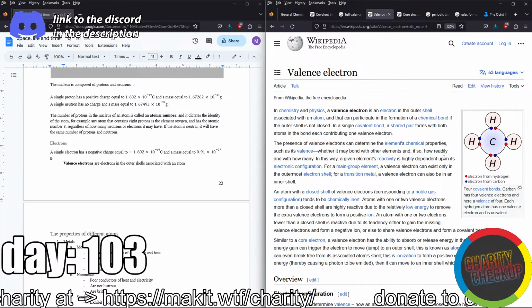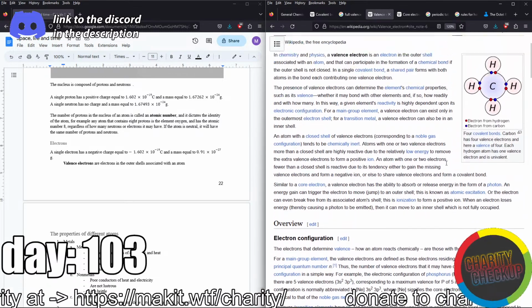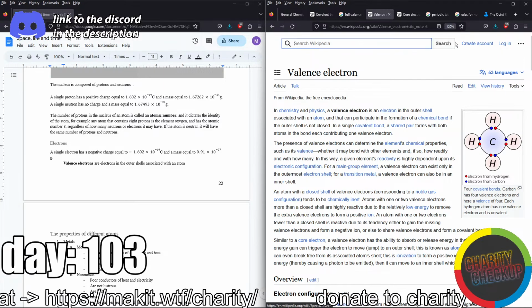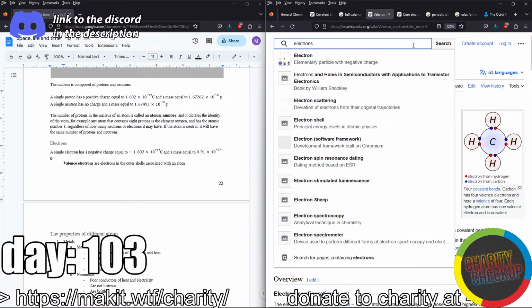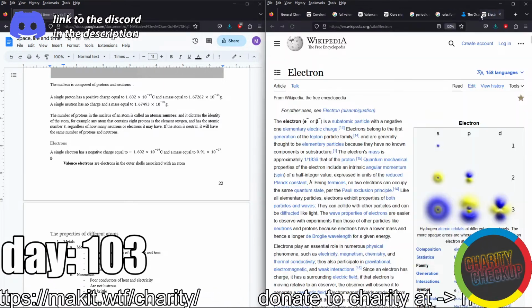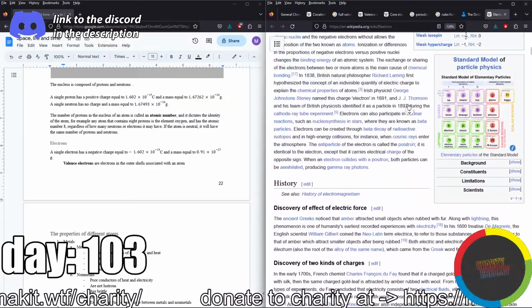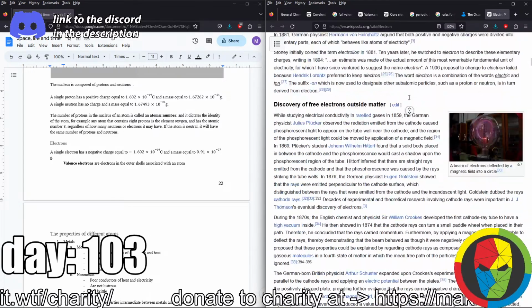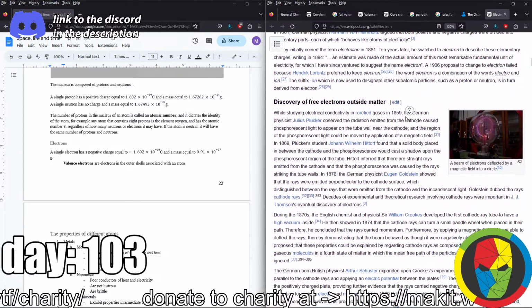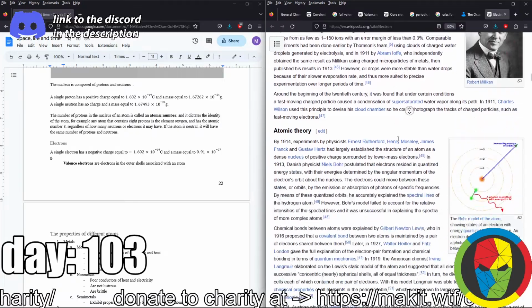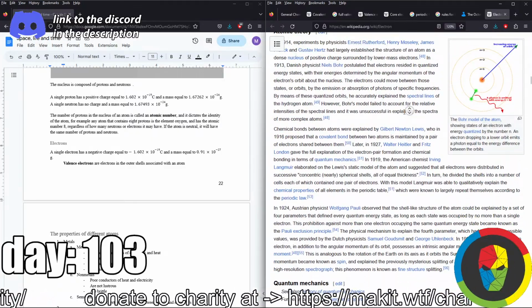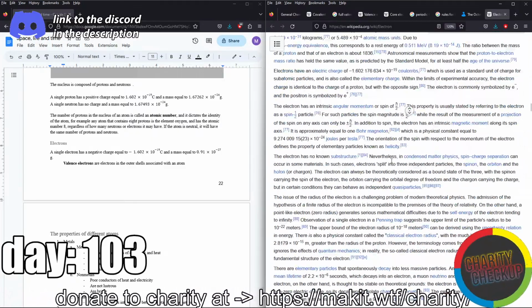electrons. We'll need this. These are the orbitals. I need shells.